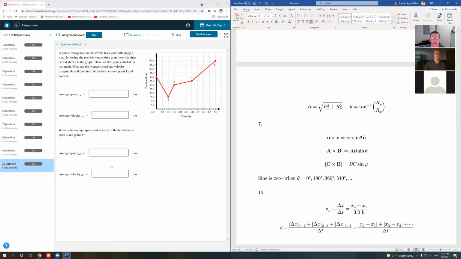If it's negative, that would be considered a pretty big conceptual mistake, even though it's easy to do, to not think too hard and say, oh, speed, velocity, they mean the same thing in everyday language. But keeping them separate in your mind is going to be very important for this class. Does this help?